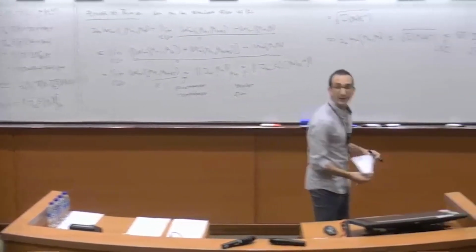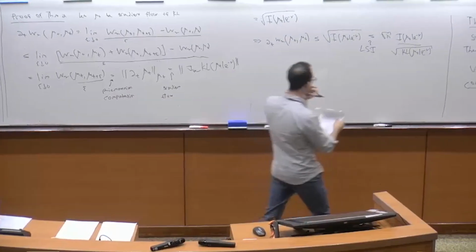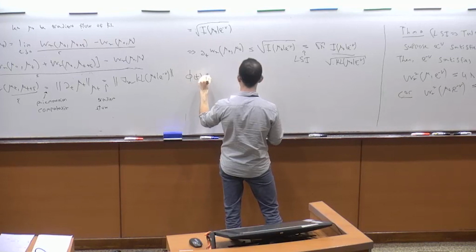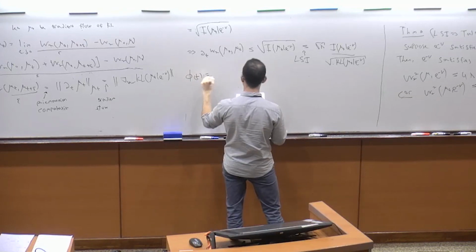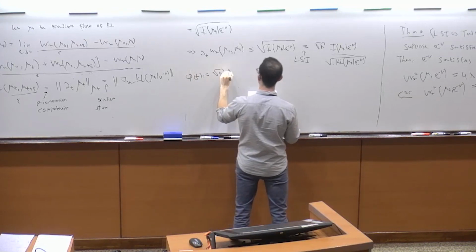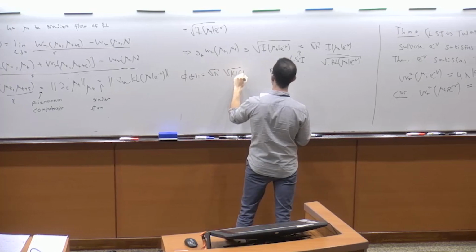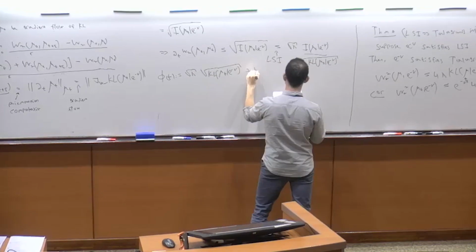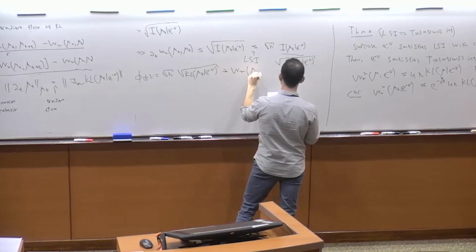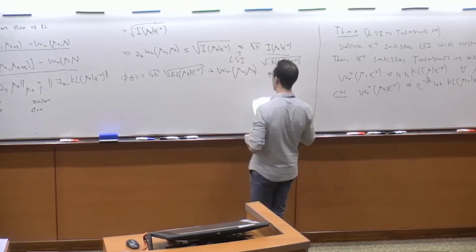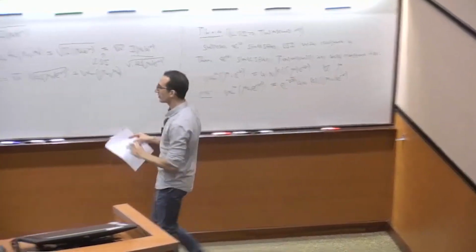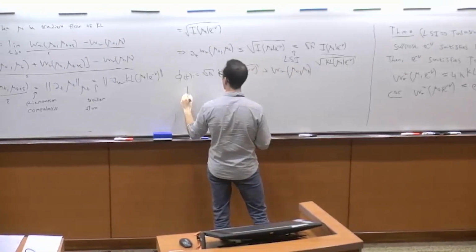Okay, and now we will do something similar to what we did before. We will define phi of t to be square root of lambda times square root of KL(mu_t, e^{-V}), plus W2(mu_0, mu_t). To save on computation, I'll just show the main step, and you can use it as an exercise.